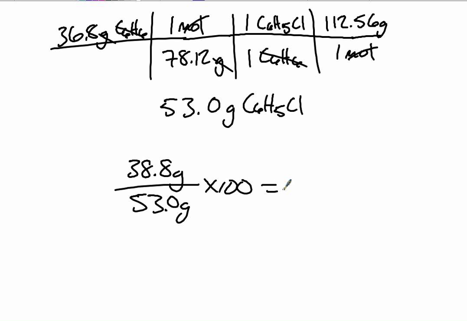So let me use my calculator here real quick. 38.8 divided by 53. I'm going to get an answer with 3 sig figs that looks like this. 0.732, oops, forgot to multiply by 100. But that makes it 73.2% as my yield.